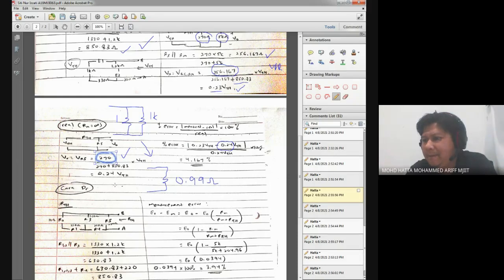Okay. And since you're using voltage divider rule, meaning that this is also correct, and at the end you are using the same method that you used before, 0.23 minus 0.24 divided by 0.24. 0.0416.